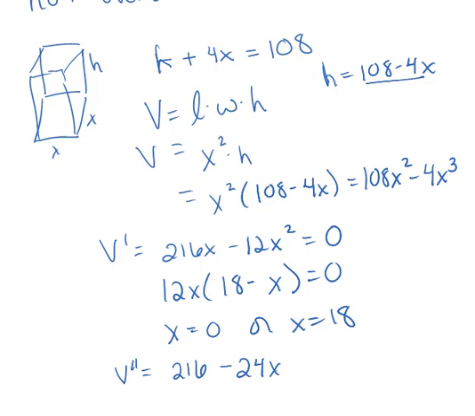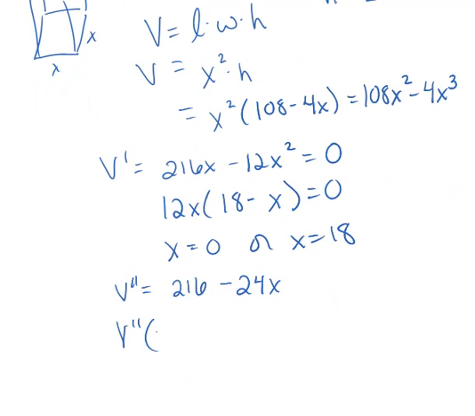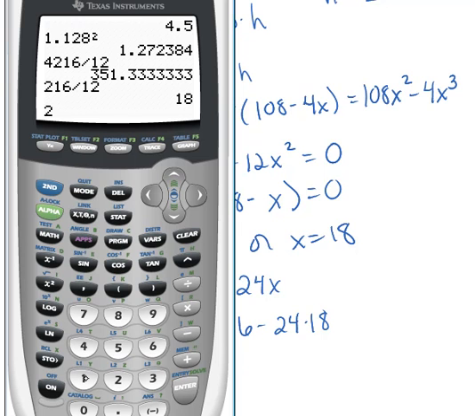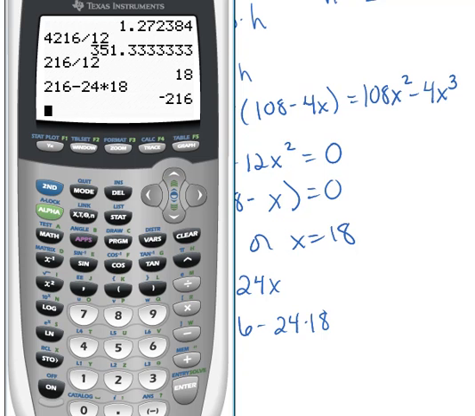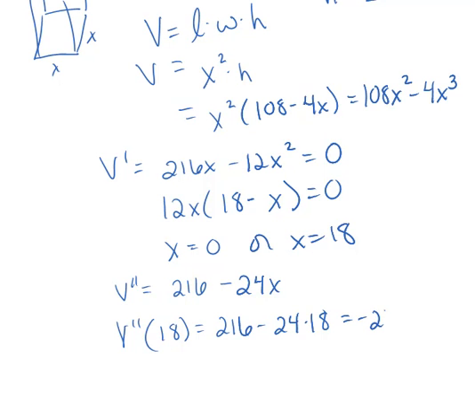V double prime of 18 is 216 minus 24 times 18, which is negative 216, which is less than 0. When it's less than 0, that means it's concave down. And if it's concave down at the critical point, then the critical point is a max. So x equals 18 is a max.